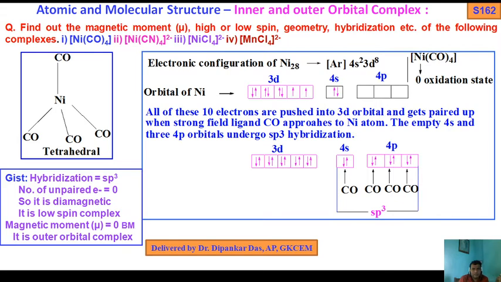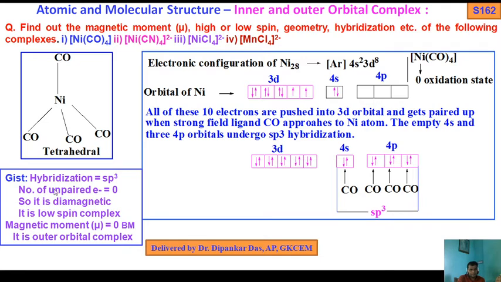You should remember this, it is very important, because the two 4s electrons are transferred to the 3d orbitals of the metal. Why? Because not only are they transferred, all the electrons in the 3d, that is 10 electrons, are pushed to pair up due to the strong nature of this carbonyl group.